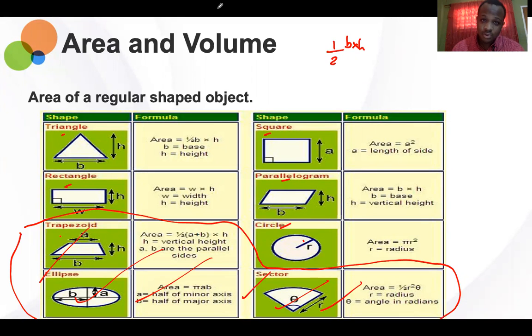So for example, let's say our base is 2 meters, B equals 2 meters, and our height is also 2 meters. What would be the area of that triangle?